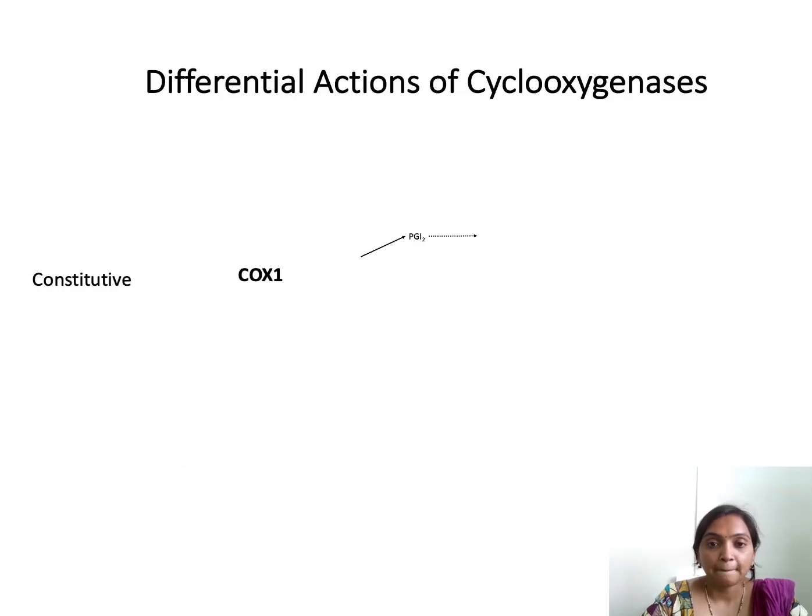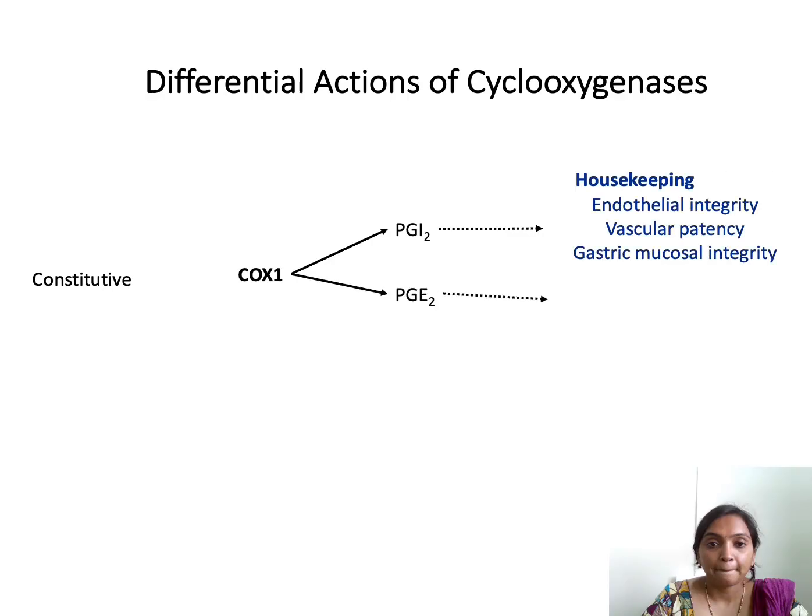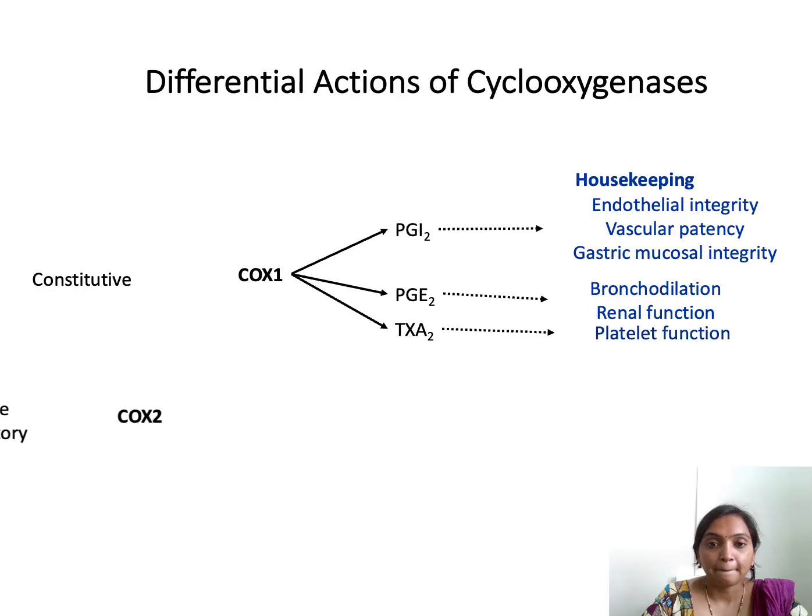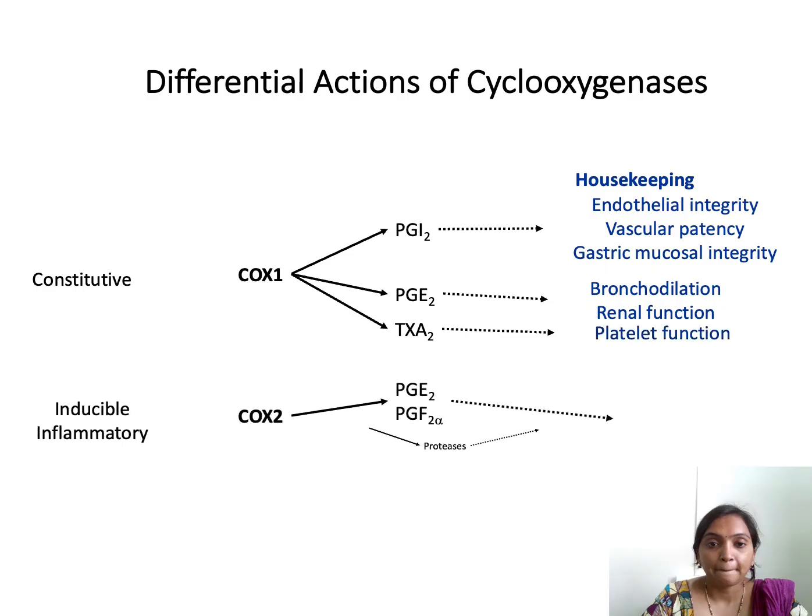So moving on to the different actions of cyclooxygenase. Cyclooxygenase are of two types, cyclooxygenase 1 and cyclooxygenase 2, that we have already seen. Cyclooxygenase 1 will result in the production of prostaglandin E2, I2 and thromboxane A2.